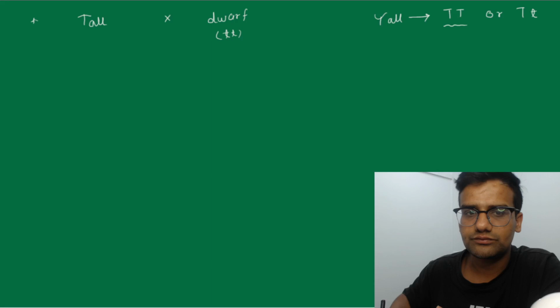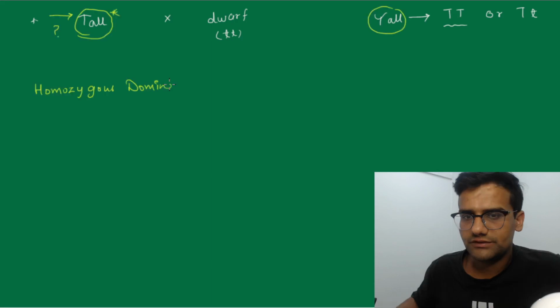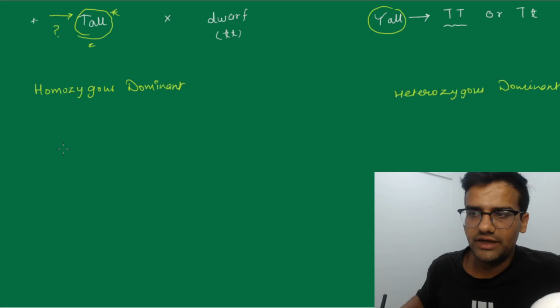Upon cross, the genotype of this tall plant could be homozygous dominant, or it could be heterozygous dominant. What we do is check this tall plant with the test cross.